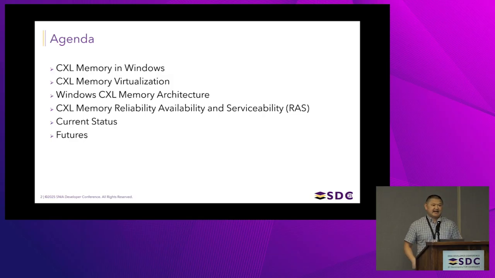And then to end this talk, I will share about the current status and the futures, in terms of what are the other things that we are interested in going forward for CXL. So for today's talk, I will be doing the beginning and the end, and then Chet will come and talk about the memory architecture and then the RAS workflows.